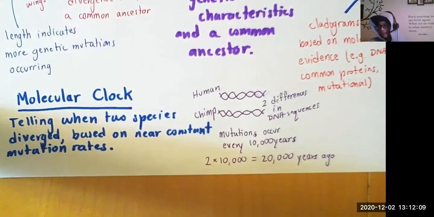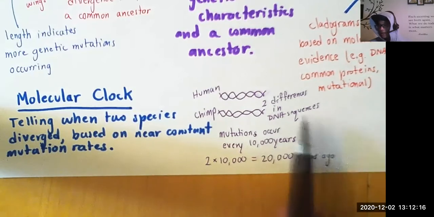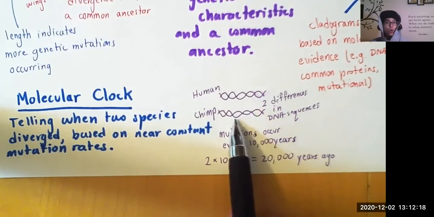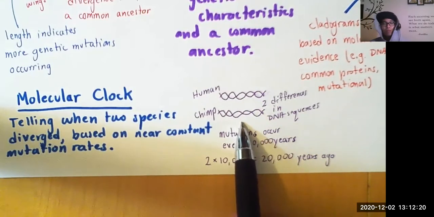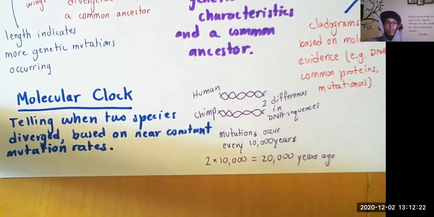So we can do another example. I can just say it out loud. Let's say you're looking at a chimpanzee and a horse. Chimpanzees and horses have 134 mutational differences in their DNA. And the molecular clock shows that every 1,000 years, there's a new mutation.